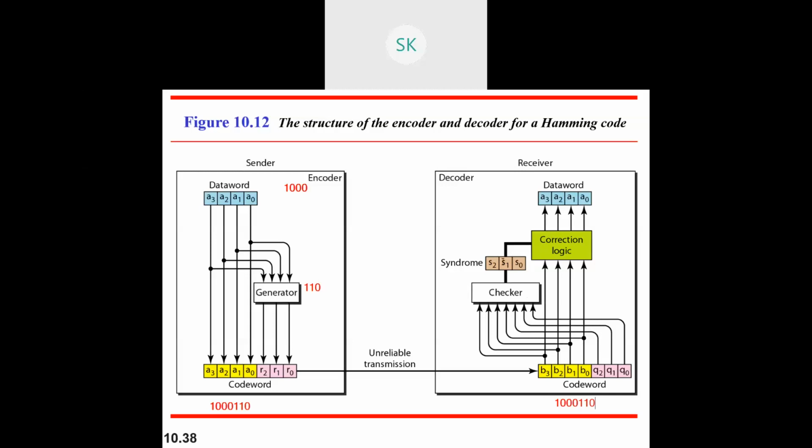What is a syndrome all about now? Syndrome is nothing but how you calculated your R0, R1, R2; in a similar manner, S0, S1, S2 will be calculated. The same thing will be repeated. Once the syndrome is 0, 0, 0, then it is correct.